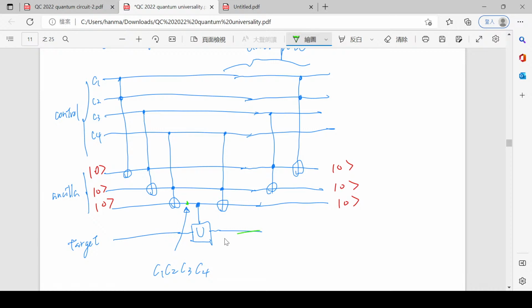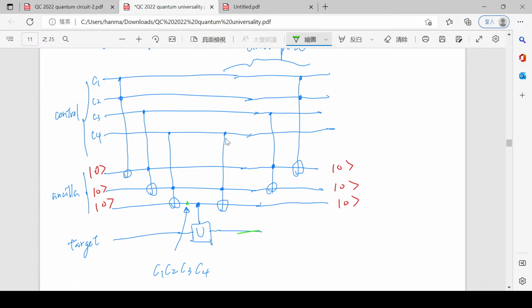And after this, we are not quite done because we have the ancilla in this weird state. Up to here, the ancilla can actually have some entanglement with all other things, and that will make your computation not quite right. So what we need to do here is uncompute everything on the ancilla.